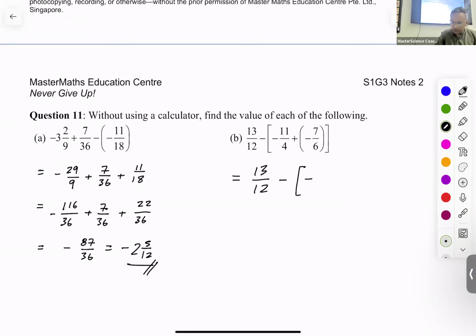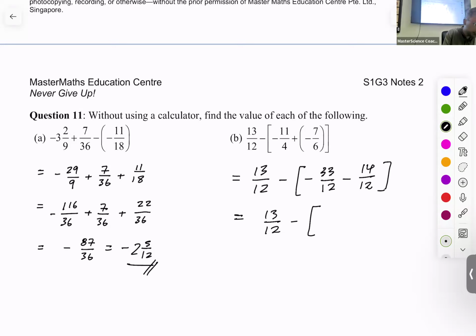Instead of 4, we change it to 12. So this will be 33 over 12 minus 14 over 12. Step by step. Then we have 13 over 12 minus, and this is where you can use your calculator, 33 minus 14.